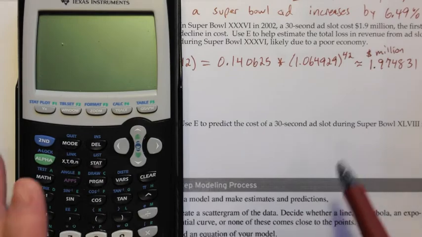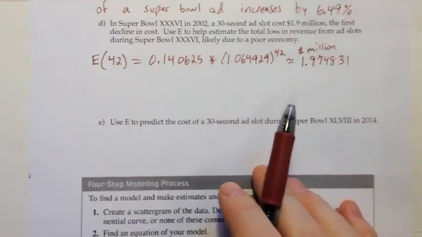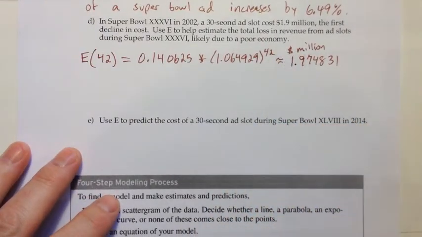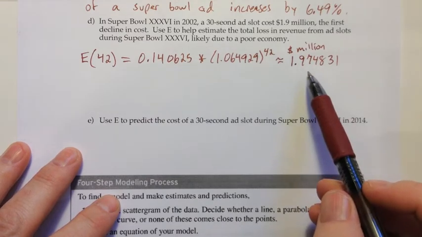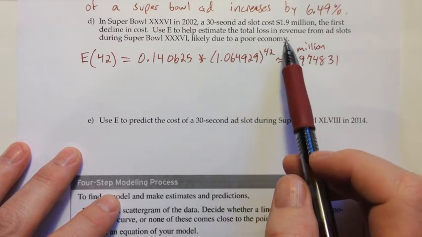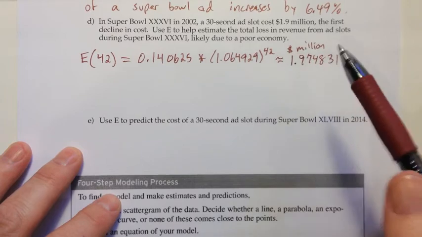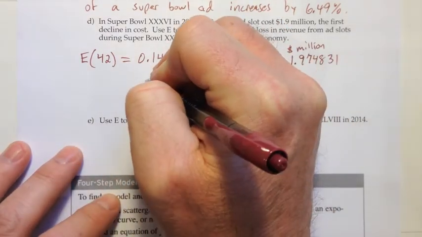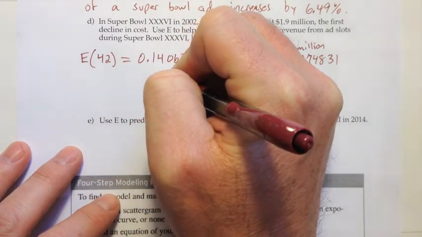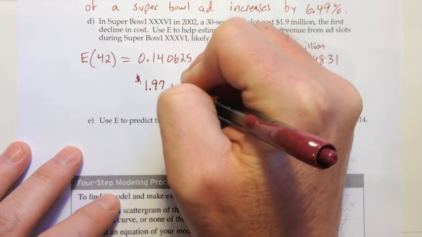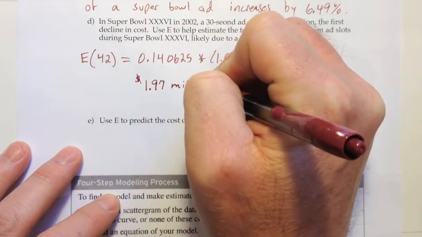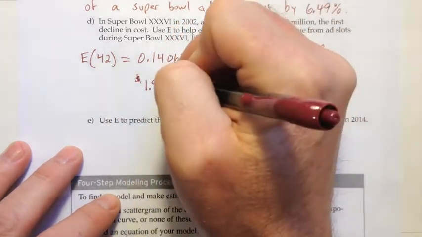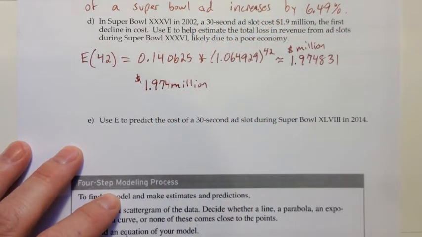Okay, so the actual value of that ad was $1.9 million, and our estimate was this 1.97. So they wanted to see how much revenue was lost. So we would have expected $1.97 million. And they actually got, let's add another digit there, $1.975 million.